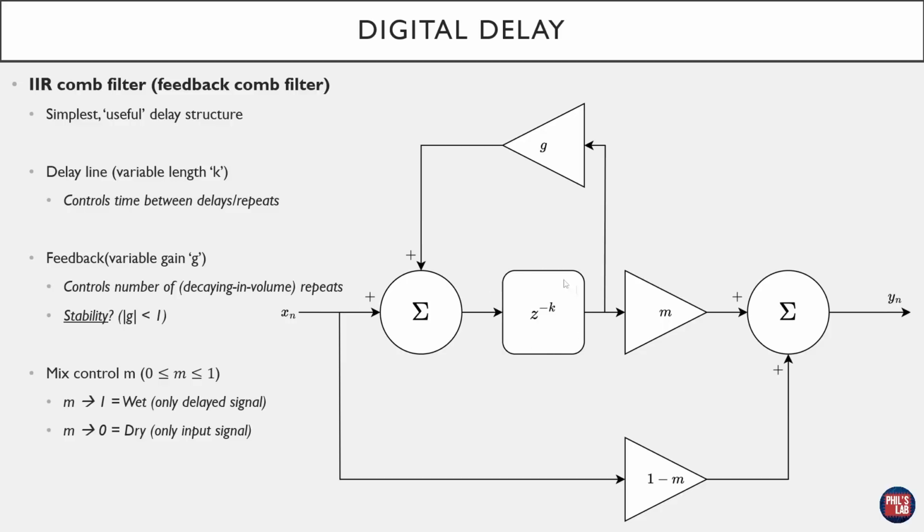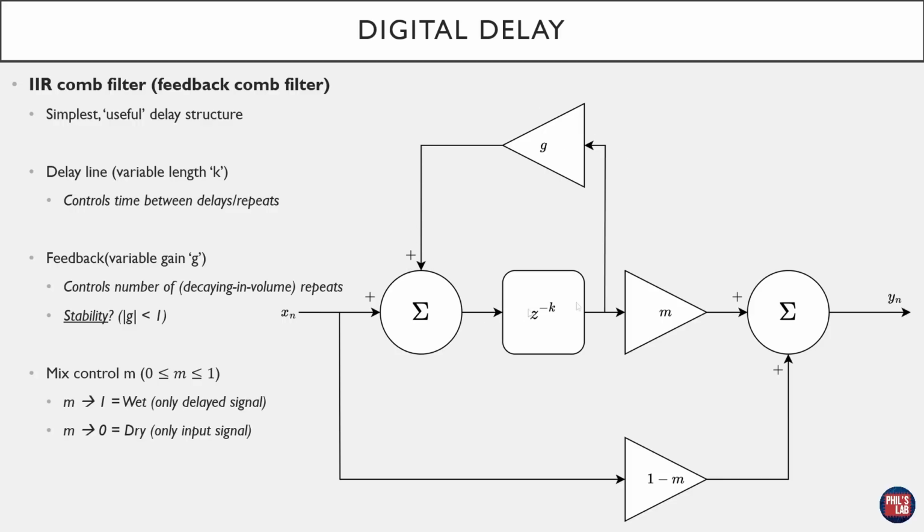So to feed into this delay line, we take the input on the far left side, x of n, we sum that, and then we feed that into the delay line. What we sum the input with is actually the output of the delay line multiplied by some gain g and then fed back into the summer. So therefore, the input to the delay line is x of n, so our current input sample, plus the feedback or the output of the delay line multiplied by some constant g.